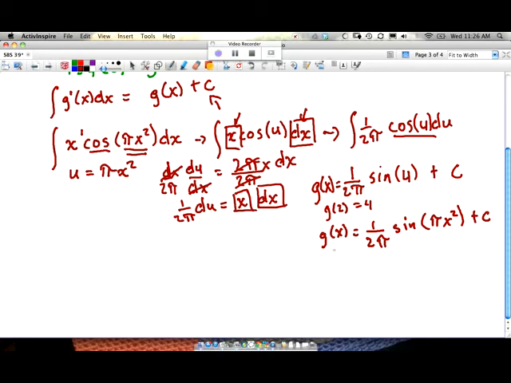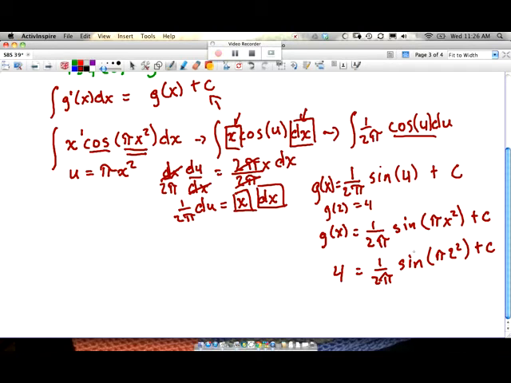Okay, so now let's substitute some things in here. g of x is going to be 4, and we got the 1 over 2 pi, and then sine of pi x squared, x is 2, so this is 2 squared, plus c.